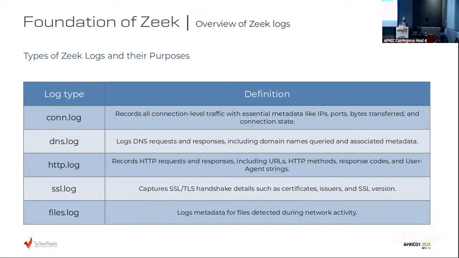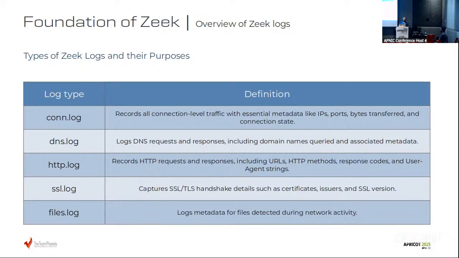Same goes for http.log. Anything working on ports 80 and 443 over the HTTP protocol, you will be able to see everything in http.log. And for SSL, only the certificate-related activity, whether it is downloaded or activated or not, you will be able to get it in the ssl.log file.